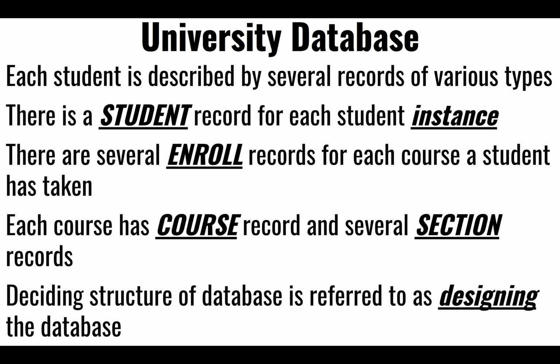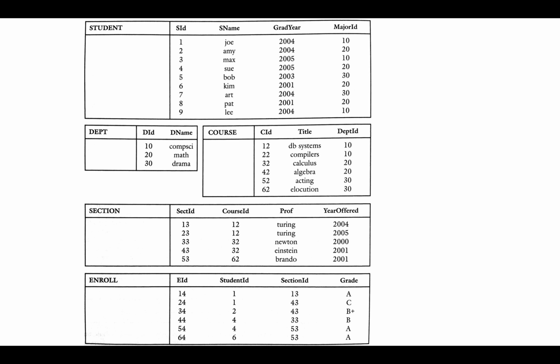We'll also come back and look at the relationship between courses and sections. There's a one-to-many relationship, where one course might have many sections associated with it. You'll notice that these two sections are associated with the same course, and these two sections are also associated with the same course.